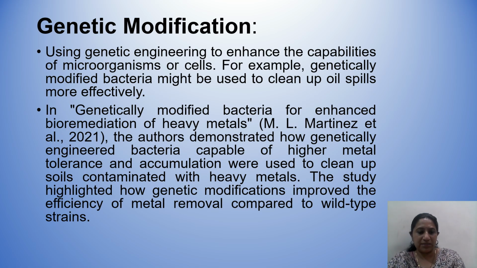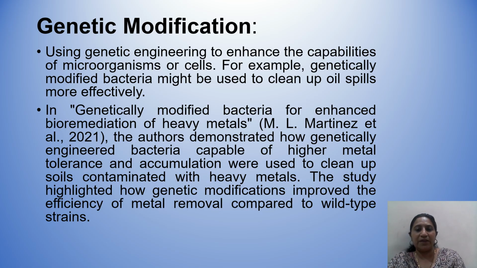Genetic modification is also one of the crucial factors where we can genetically modify or genetically engineer some organisms to enhance their capabilities. For example, genetically modified bacteria might be used to clean up oil spills more effectively.